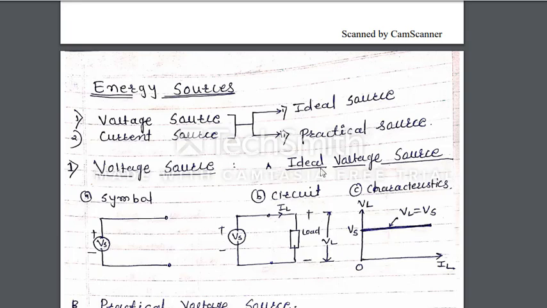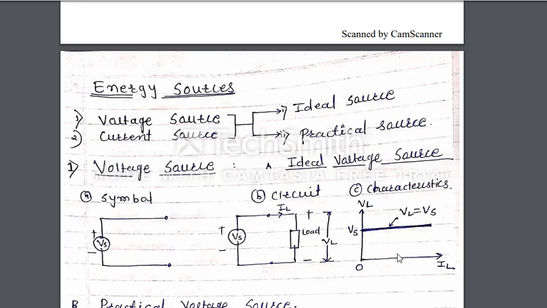So ideal voltage source means what? It is defined as the energy source which gives constant voltage across its terminal irrespective of the current drawn through its terminal. Okay, so this one is the symbol of the ideal voltage source. This one is the circuit, and here these are the characteristics.